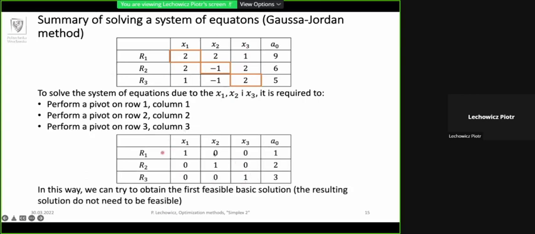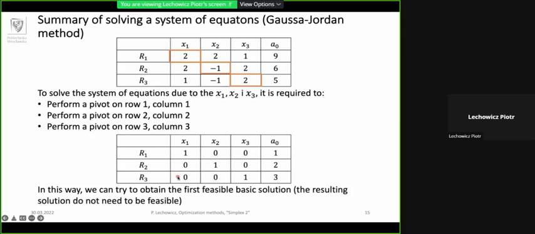And after performing these 3 pivots, you obtain such a system of equations from which we can easily determine what are the values for corresponding variables.